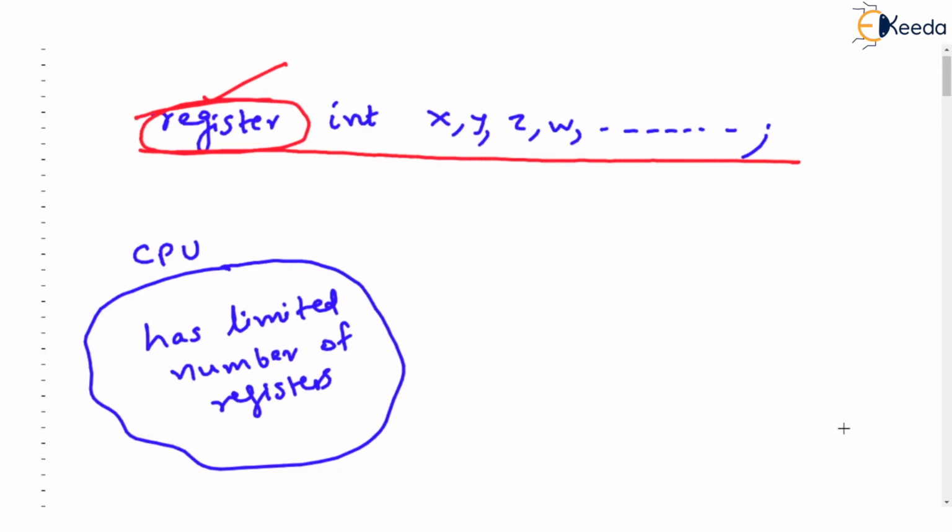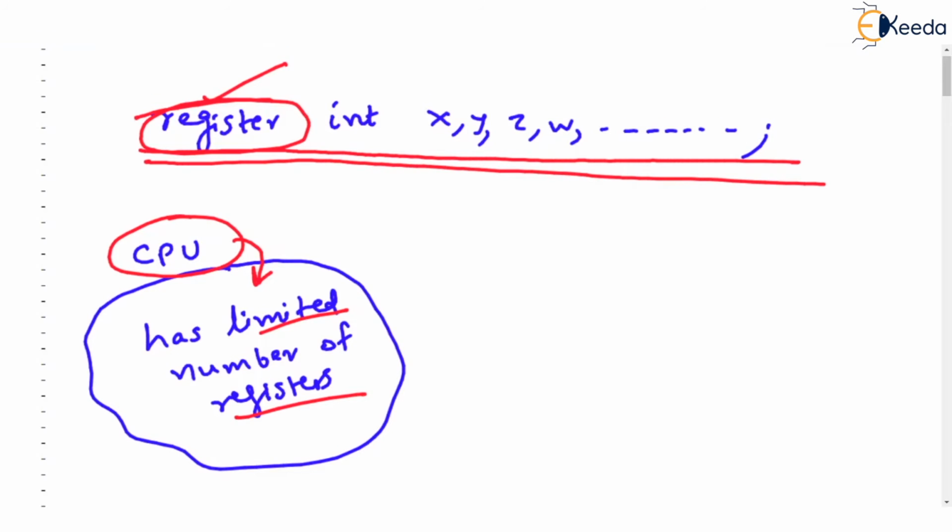But there is a point to be understood here. I told you that the CPU has a limited number of registers. If you take a good Intel processor, it might have somewhere around 16 to 32 registers. Suppose you get carried away thinking that you will make your program very fast by declaring all the variables as registers.